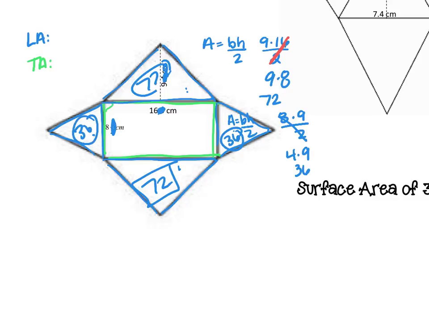So now we would add all those pieces together. So we would say 36, 36, 72, and 72. So we got 216 here.